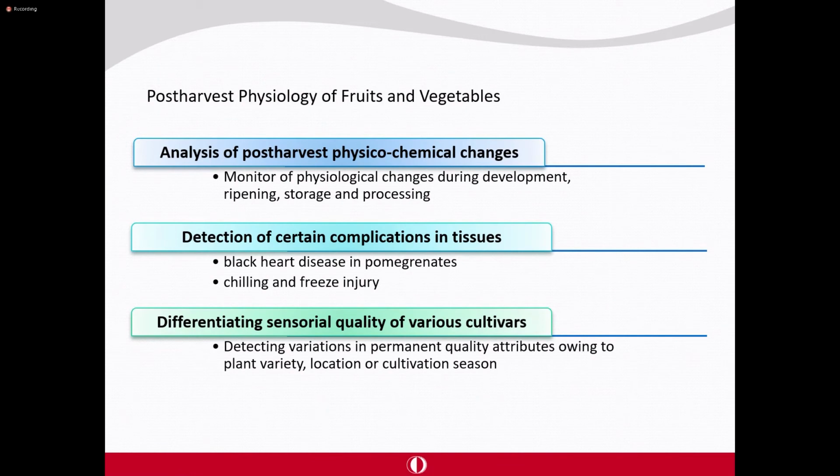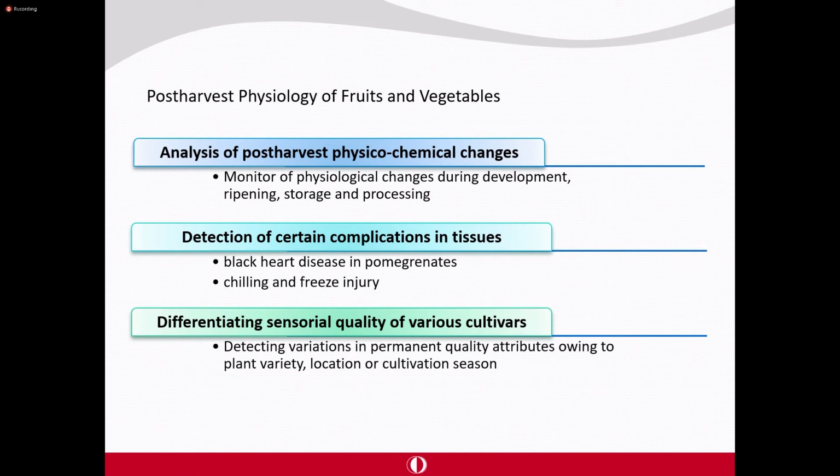And T2 relaxation times are known to decrease due to freeze injury, since cells are disrupted, the cell wall leaks out, and we have a decrease in the relaxation times. In pomegranates, there is a disease called Blackheart Disease, and in studies it was shown that pomegranates showing Blackheart Disease had a different relaxation pattern.